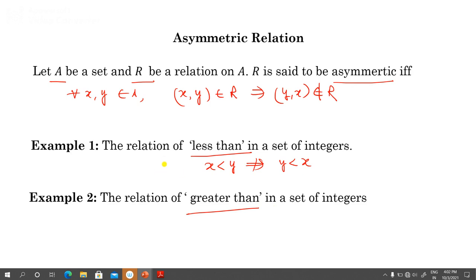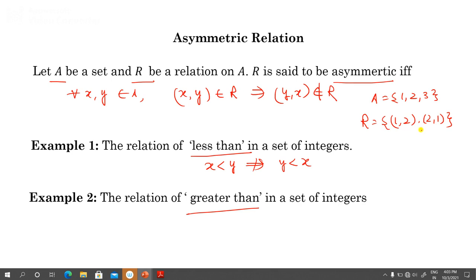Now look at this. When we talked about symmetric relation, we said whenever (x, y) belongs to R, then (y, x) must be an element of R. So for example, suppose A equal to {1, 2, 3}, and suppose R is a relation, look at this: (1, 2) and (2, 1).